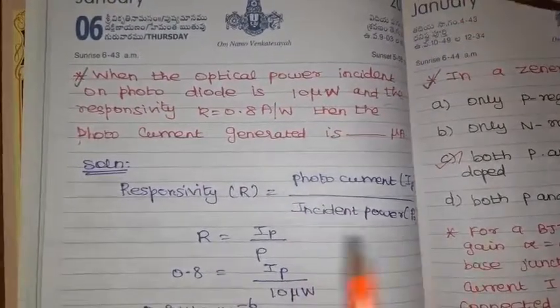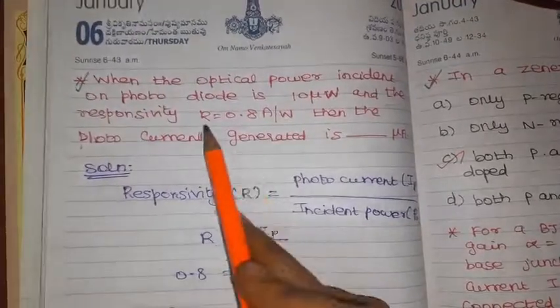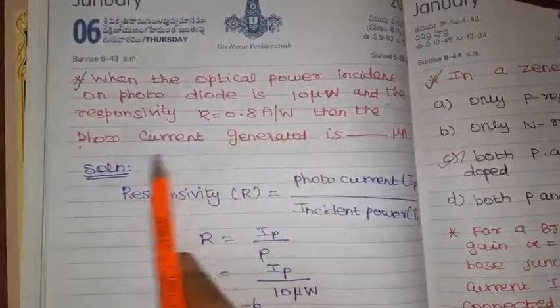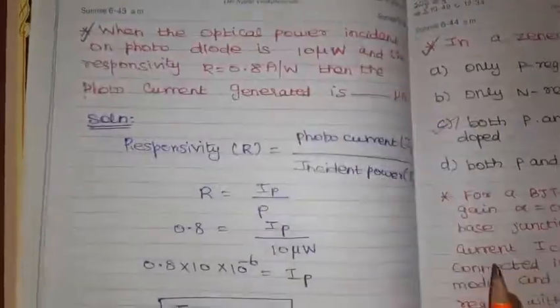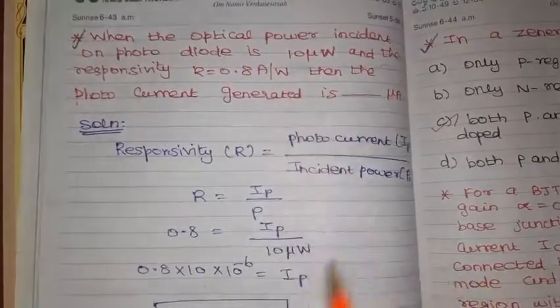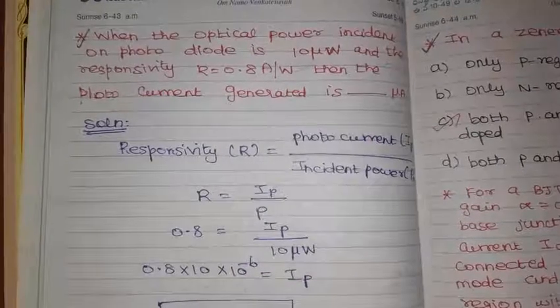So R is equal to IP by P naught. We know the responsivity R value. We need to find out the photocurrent IP. The incident power is 10 microwatt. Just substitute these values, and we find the IP value as 8 microamperes.